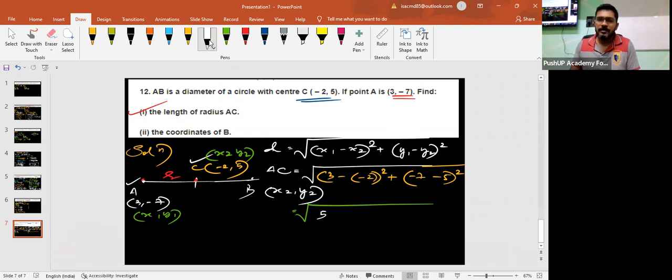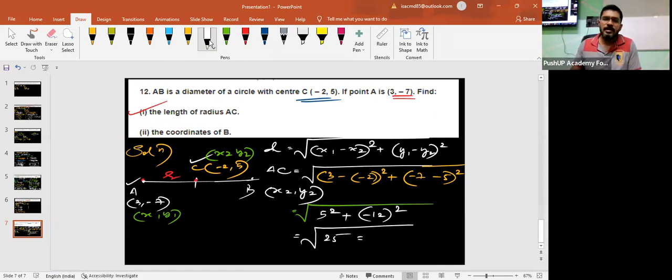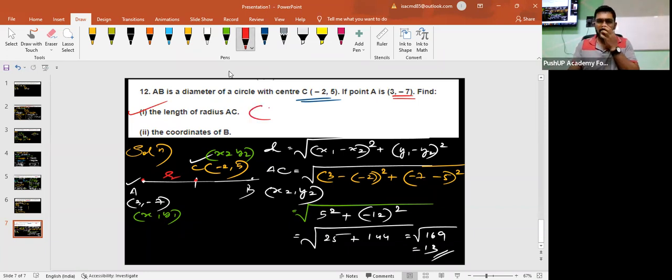So it becomes 5 square plus minus 7 minus 5 is minus 12, so minus 12 square. 5 square is 25, minus 12 square is 144. This is equal to square root of 169, that is equal to 13. So yes, the length of the radius AC would be 13 units.